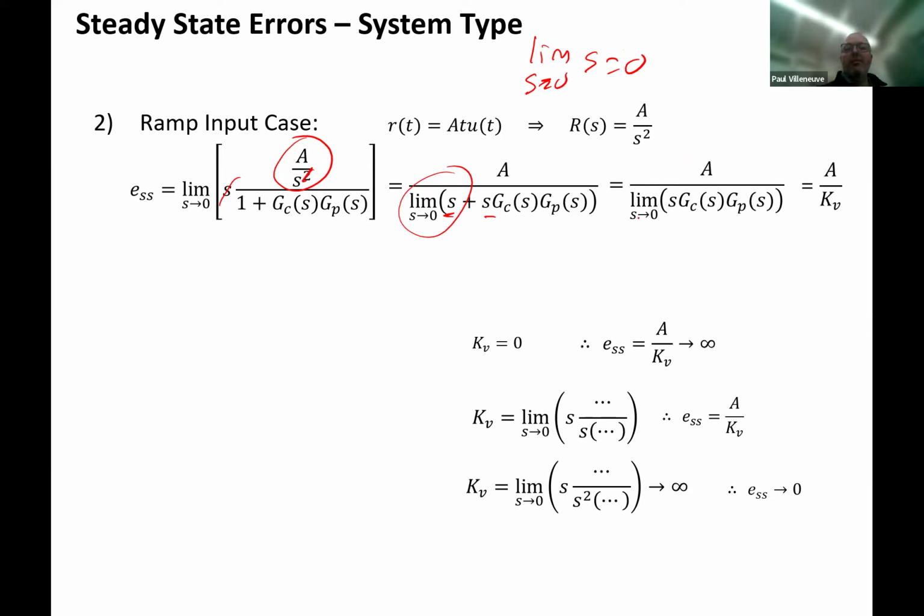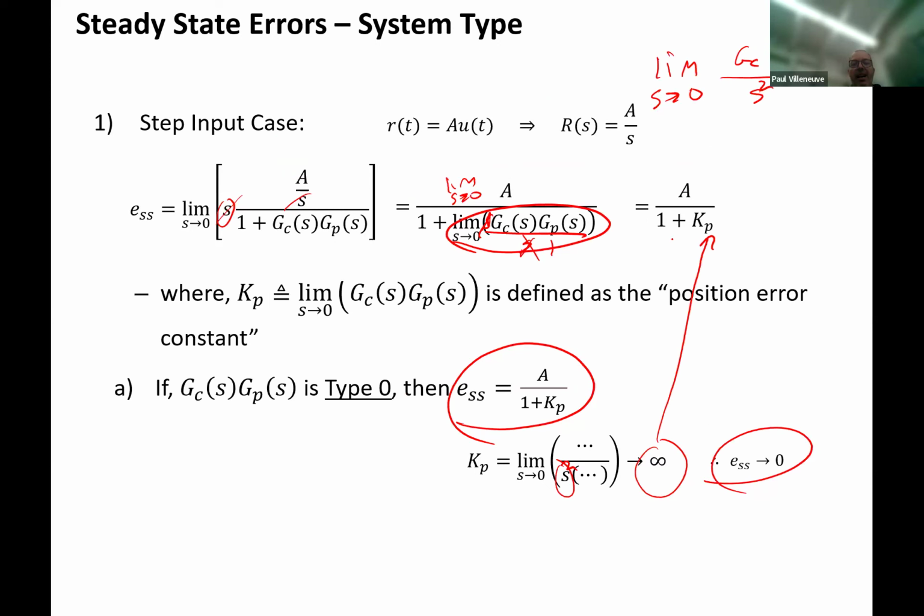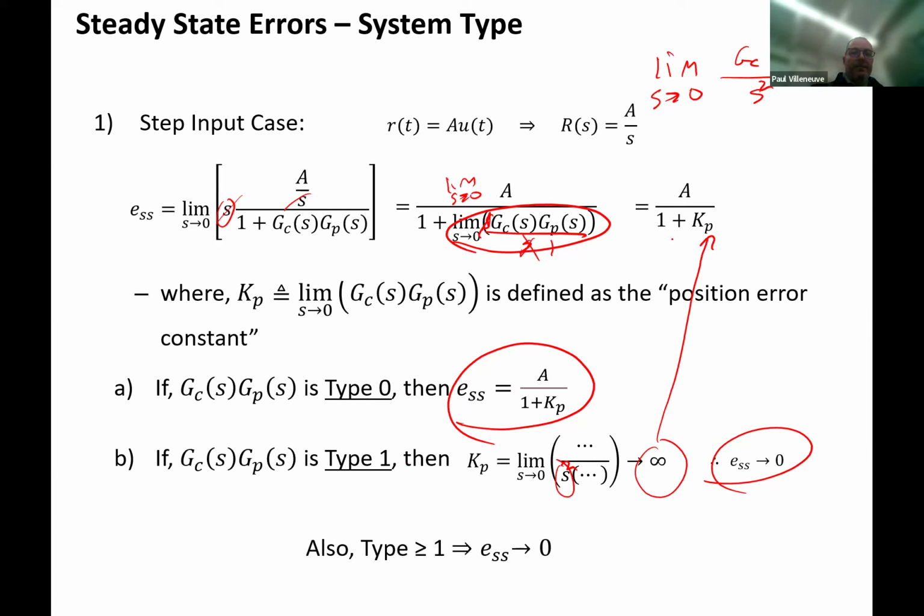The other term I have is over here. Okay? So we're going to define a new term called the limit as S approaches 0, S times GCGP. We're going to denote that as K sub V. And remember how we said over here, K sub P is the position error? What if I multiply this term by S?